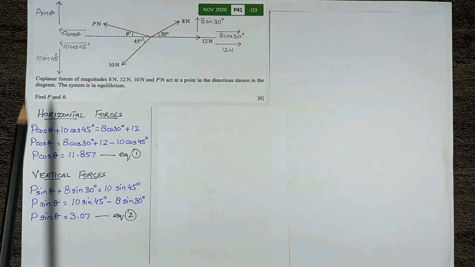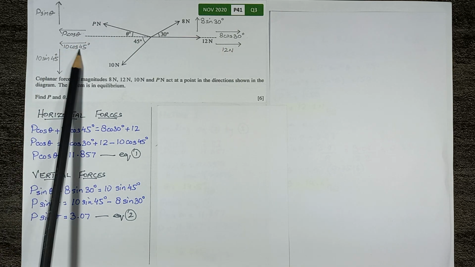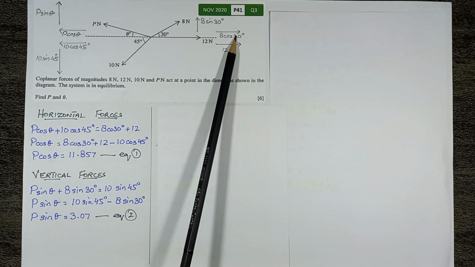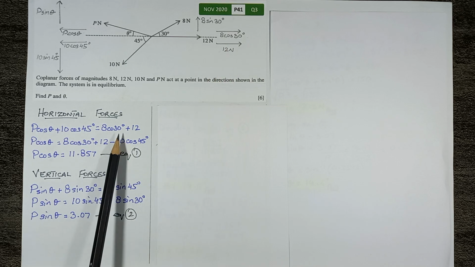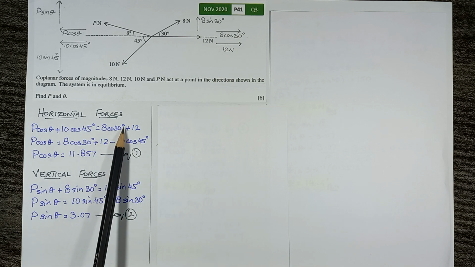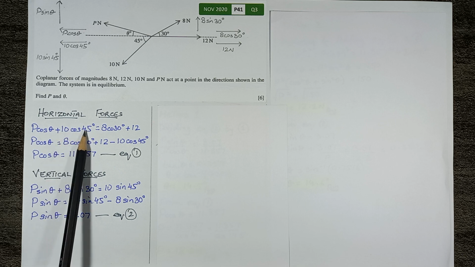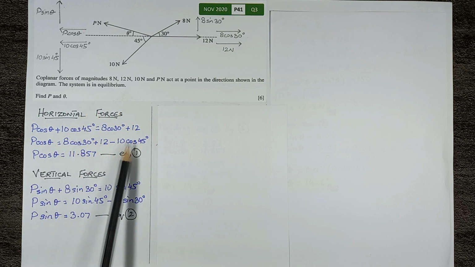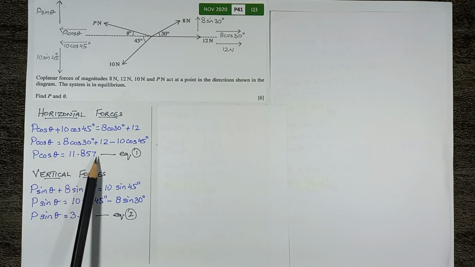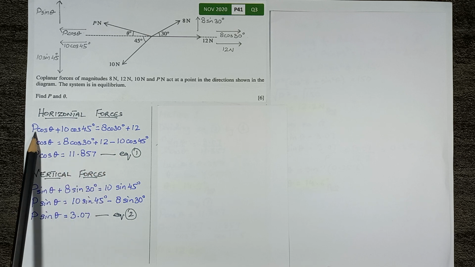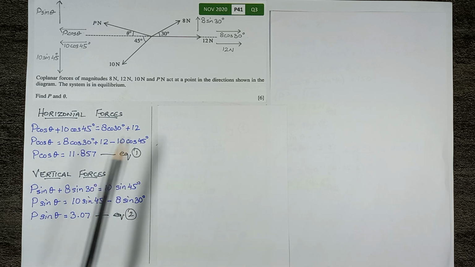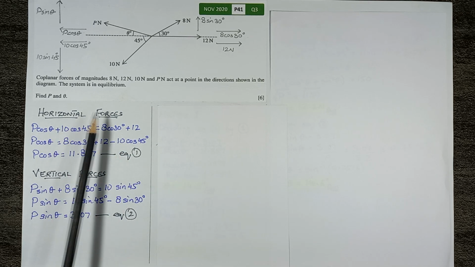That means P cos theta plus 10 cos 45 would be equal to 8 cos 30 degree plus 12, which we have written over here. Now moving this 10 cos 45 over there, subtracting it, and after simplifying we have 11.857, which is equal to P cos theta, as equation 1. So we have found an equation from the horizontal forces.